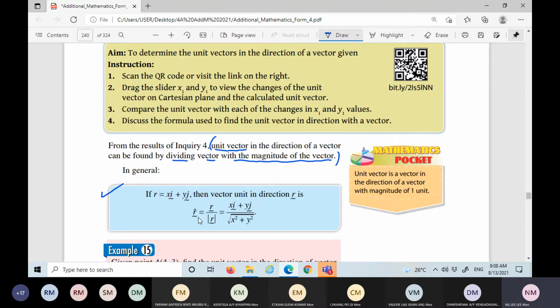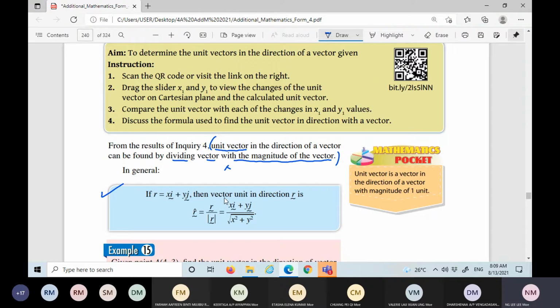So how do we label the unit vector? This one we call it hat. This symbol, the hat on the r, stands for unit vector. So dividing the vector, which is xi plus yj, by the magnitude of the vector, which is the square root of x squared plus y squared.